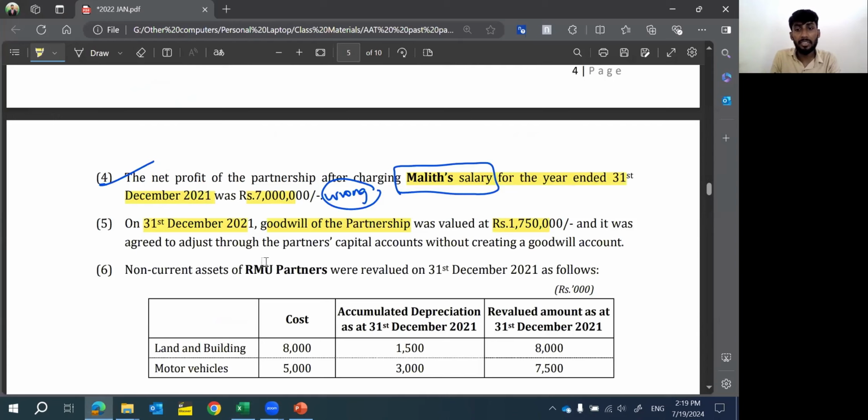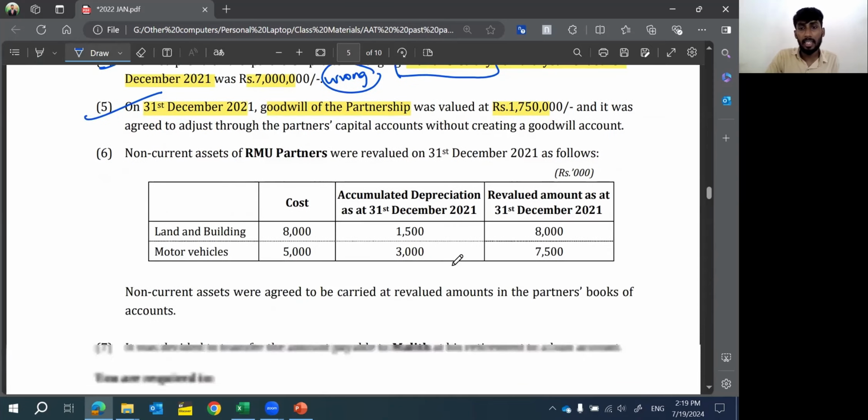Then we need to adjust for the revaluation. I will not work it out in Excel; I will simply tell you how to do that here. You can see the revalued amount is 8,000. Cost is 8,000 and accumulated depreciation is 1,500.